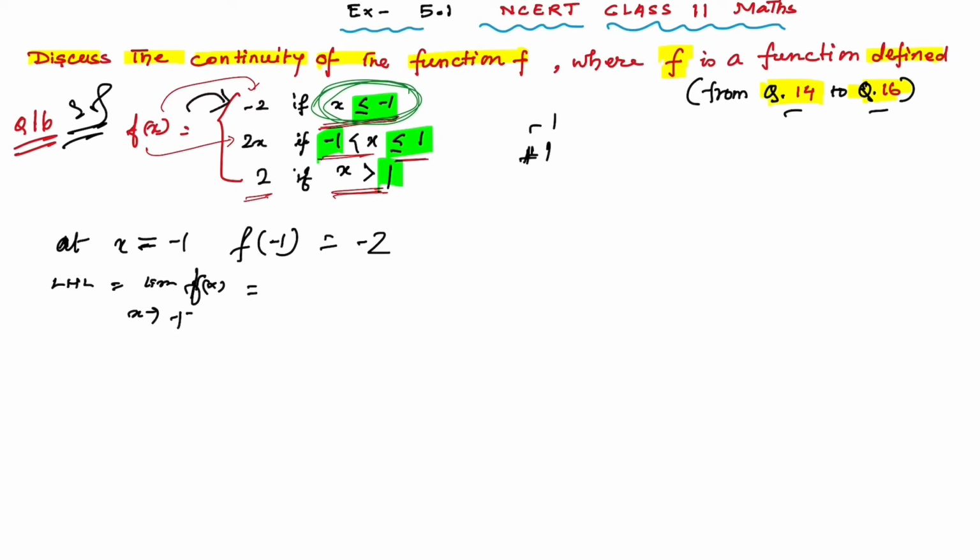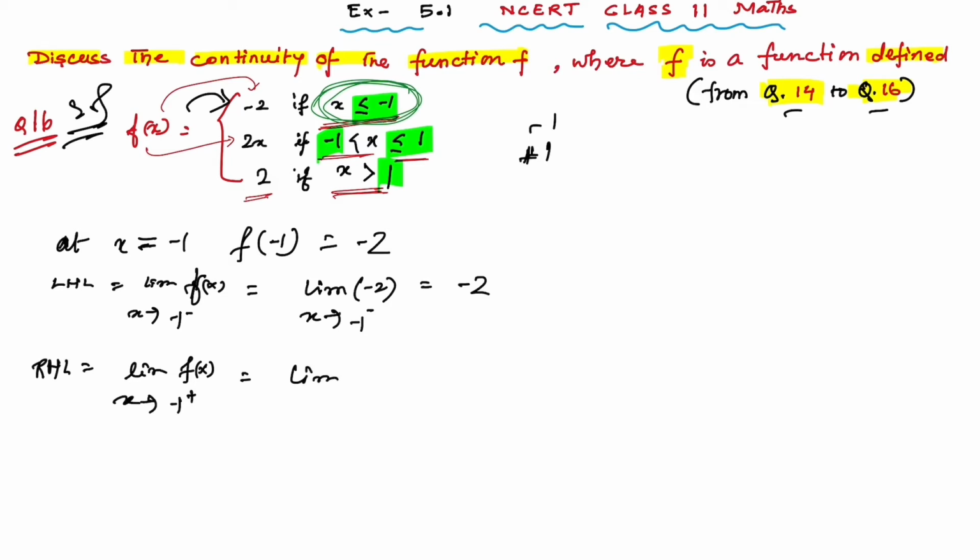For x less than minus 1, f of x is minus 2. So the limit of minus 2 as x tends to minus 1 negative is going to be minus 2. Now let's find the right hand limit of f of x, x tends to minus 1 positive here.